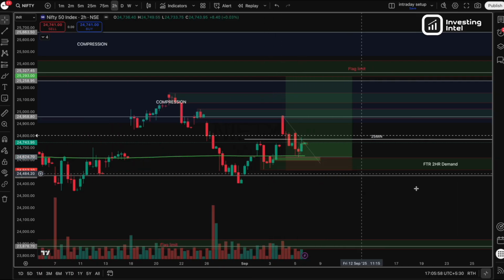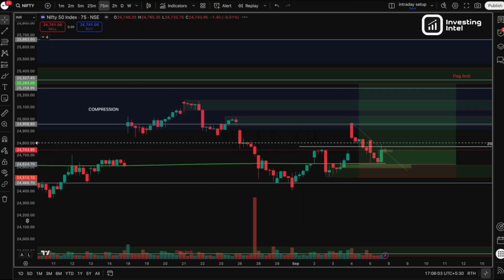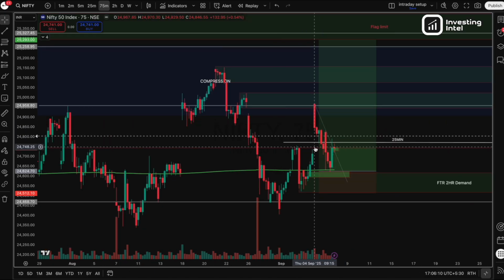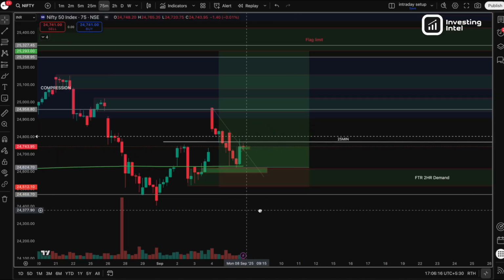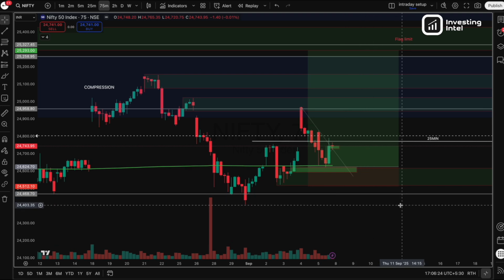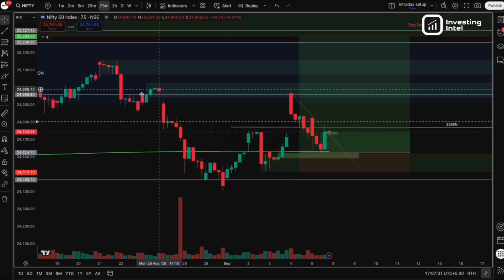At this level, as you can see, a demand zone was created, and as we go to the lower time frame, again on 4th September, the price fell very sharply, and there was news again. Understand, institution levels are created way before to manipulate the market. Price came here, you see a good gap up and then fell sharply because there was a supply zone here, where the pending orders were.